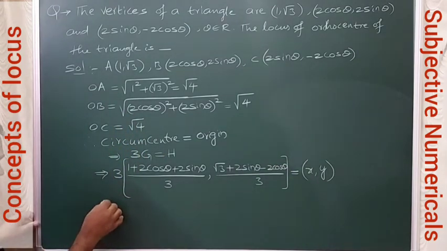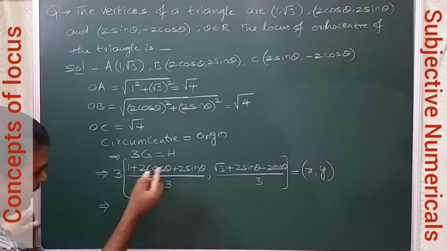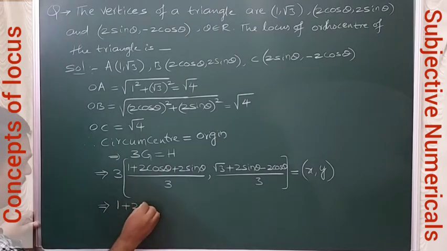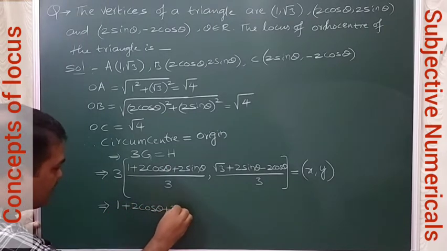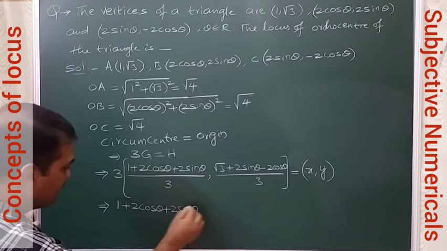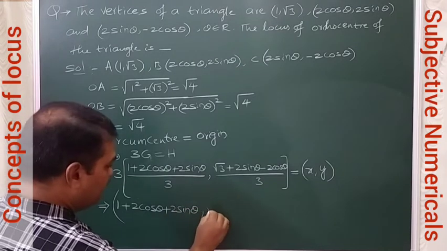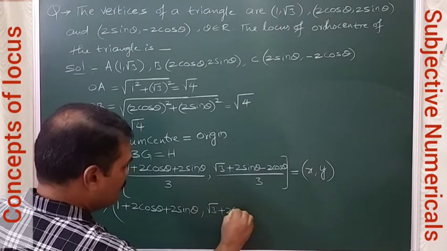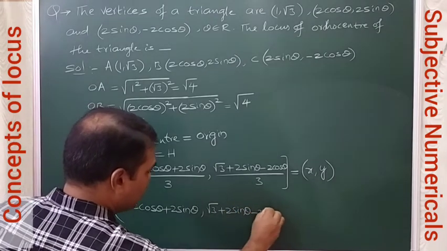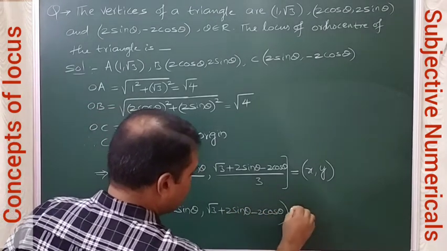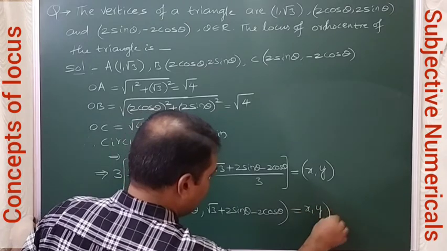Now when we multiply with 3, we get (1 plus 2 cos theta plus 2 sin theta, root 3 plus 2 sin theta minus 2 cos theta) is equal to (x, y).